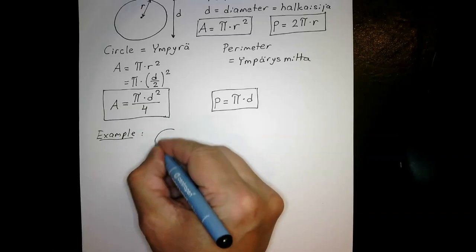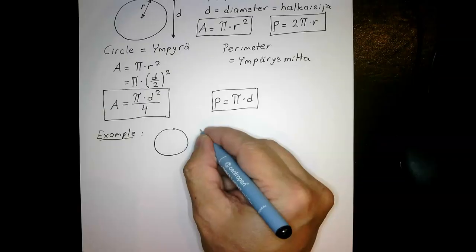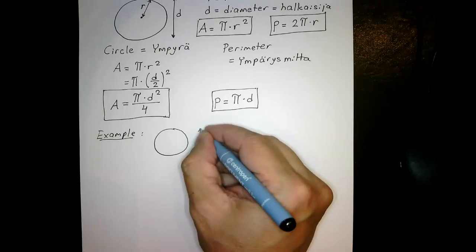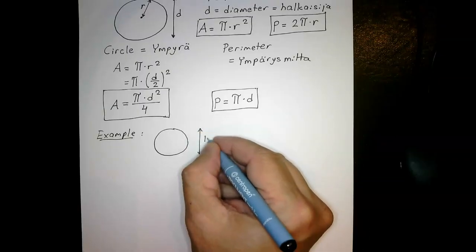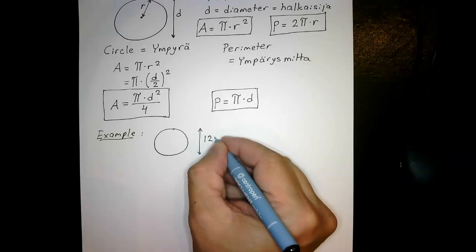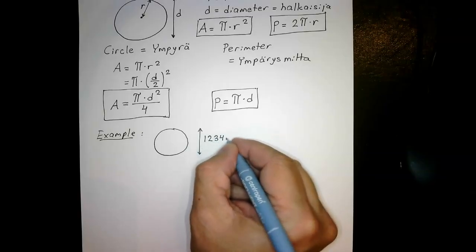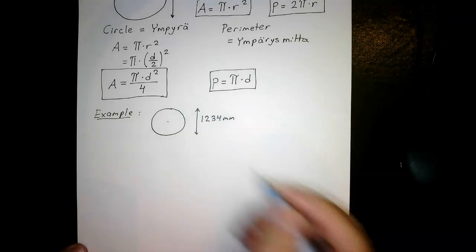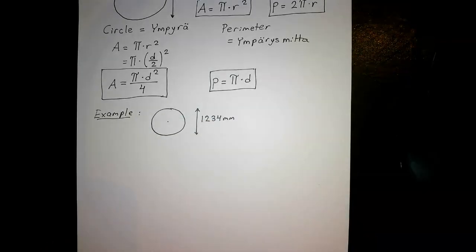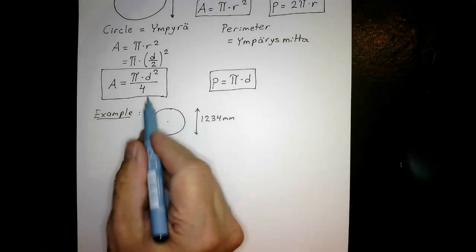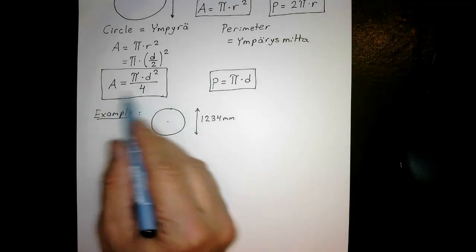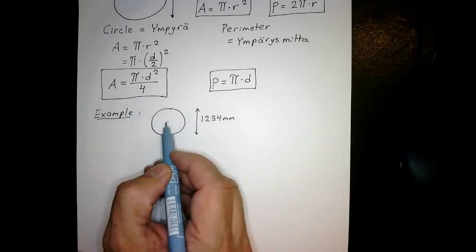We have a circle which has a diameter, let's take millimeters, 1234 millimeters. So this is a circle, and of course we have here the area. We are calculating the area of this circle.